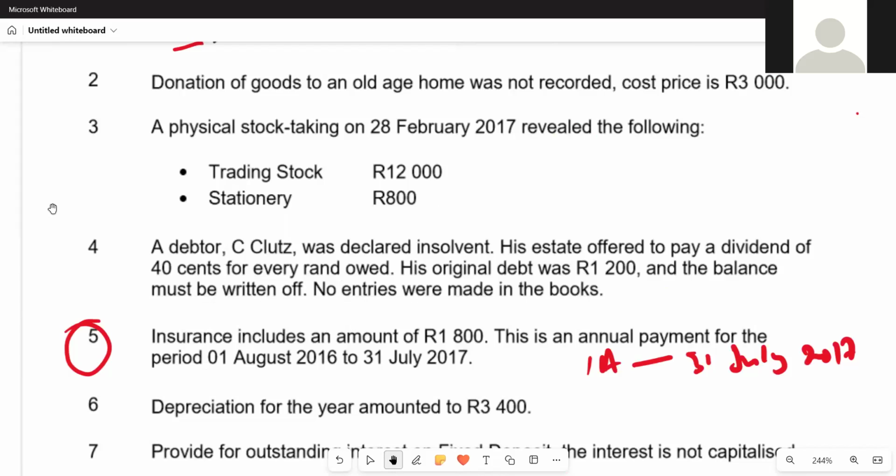In brackets, we are saying 16,300 plus 1,200 minus 3,000. Then also subtract the 12,000. Then the final answer that we get is 2,500. So this is what we have.